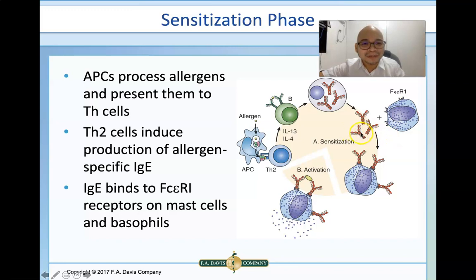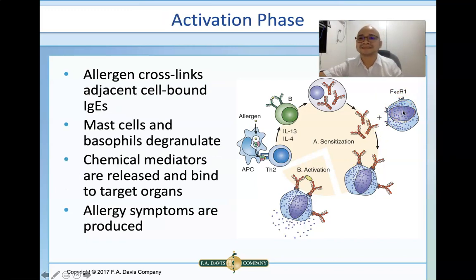If this would be the IgE, let's recall, this is one FAB, there's another FAB, and this is the Fc, or the fragment crystalline. The fragment crystalline is the one that would bind at the Fc epsilon receptor 1, and it is found at the surface of the mast cells.